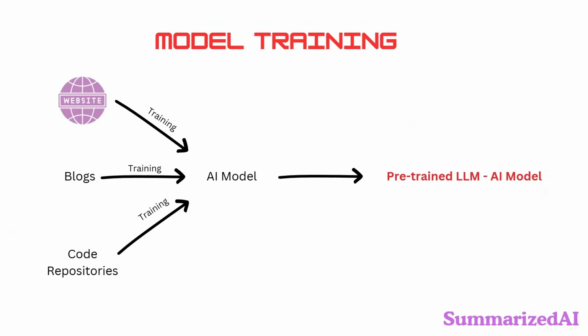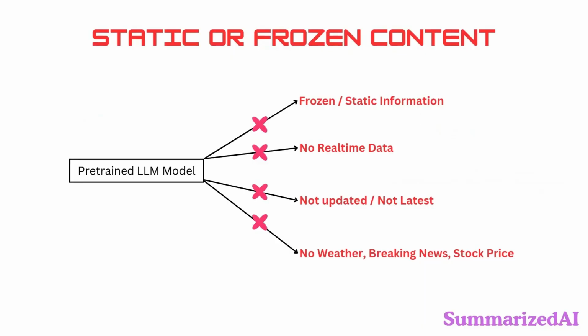We call it pre-trained because the model is first trained on large general purpose data sets before it's used for specific tasks. Its knowledge is static or frozen and cannot reflect real-time data like current weather, stock prices, or breaking news. It will always refer to the information which it was trained on.